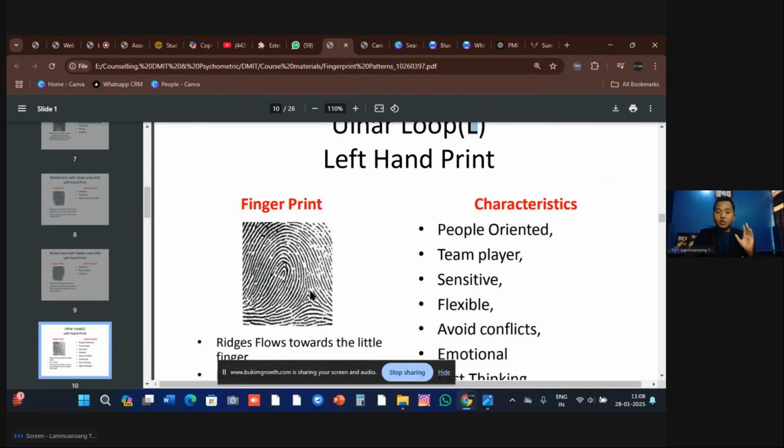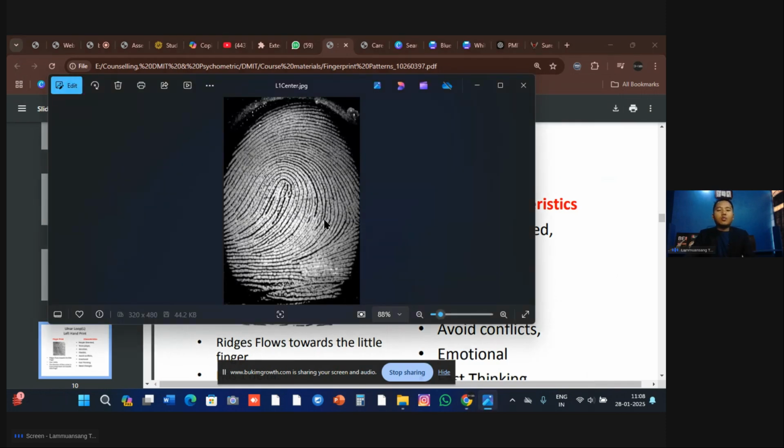Got it? Don't mistake this. And one more thing, if this is for the left hand print, if it is exactly this, it will be L, loops L, and the personality will be steady. You got it?